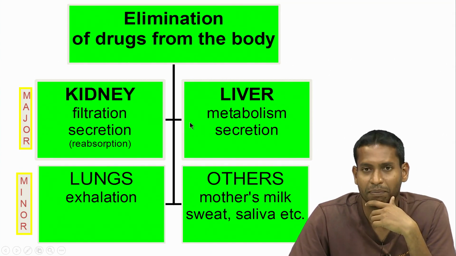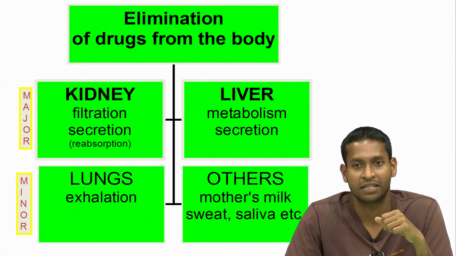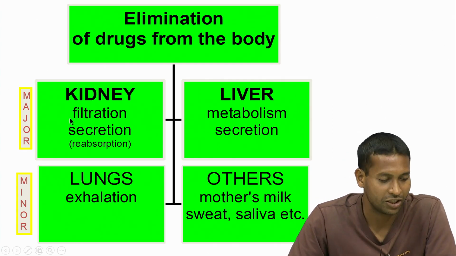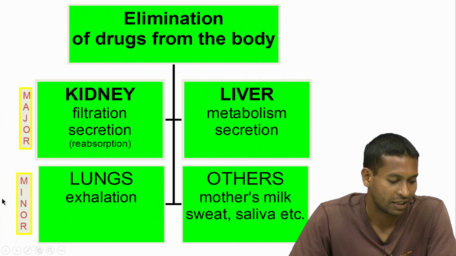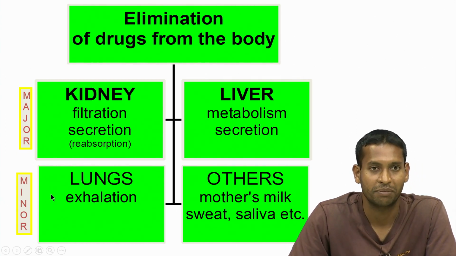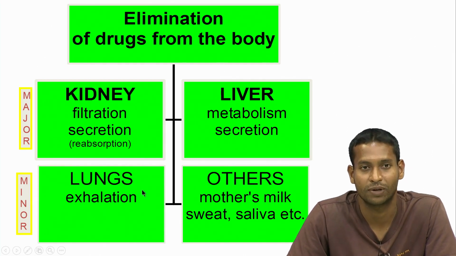So, these two are the major organs that are responsible, and depending on the drug there might be some other organs as well, depending on how the drug is interacting with the body, but in general these two are the major organs. Then we also have some minor organs that are responsible for elimination, and one of them is the lungs. Mostly the elimination by the lungs is through exhalation.